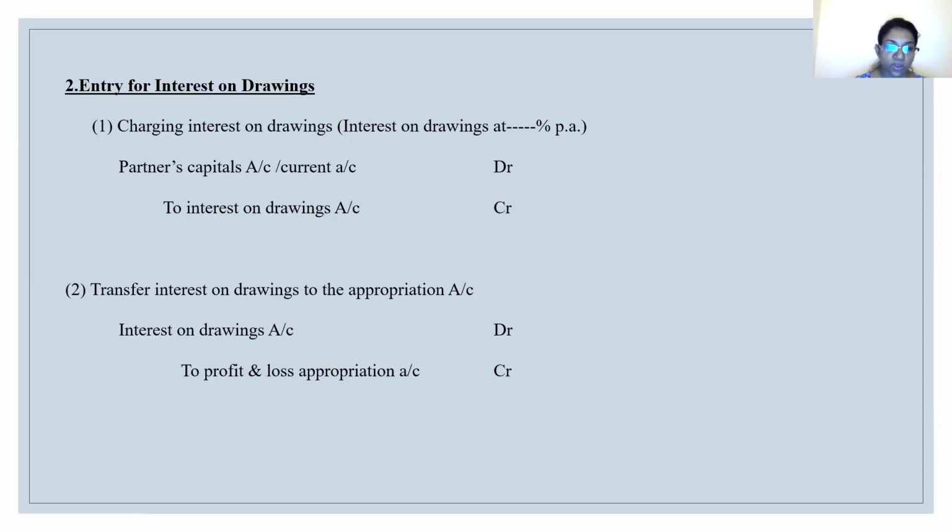Then we can transfer the drawing to the profit appropriation account. So we are going to debit the interest on drawing account and we are going to credit the profit appropriation account. By merging these two, we can write a single entry. So we can debit the partner's current account and we can credit the profit appropriation account.